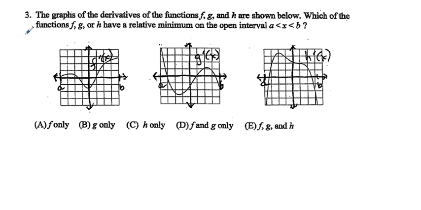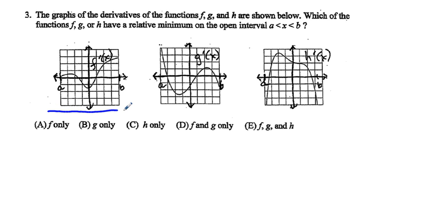Okay, next problem. The graphs of the derivatives of functions f, g, and h are shown below. Which of the functions f, g, or h have a relative minimum on the open interval x between a and b? Well, we can draw little mini number lines below these three situations. Again, this is f prime.